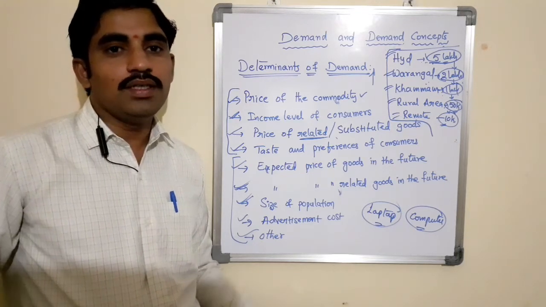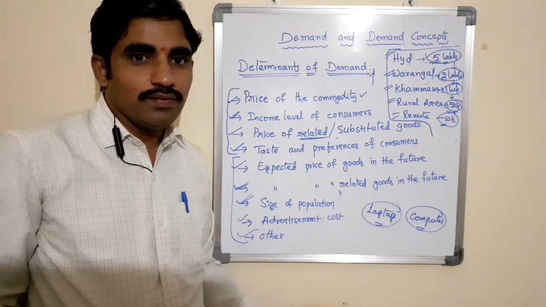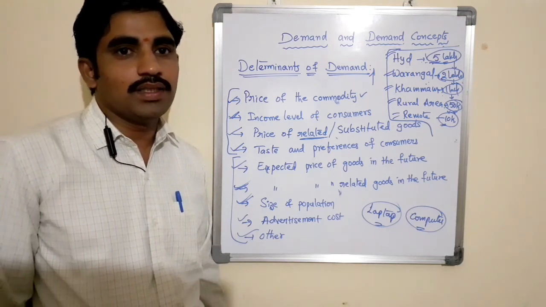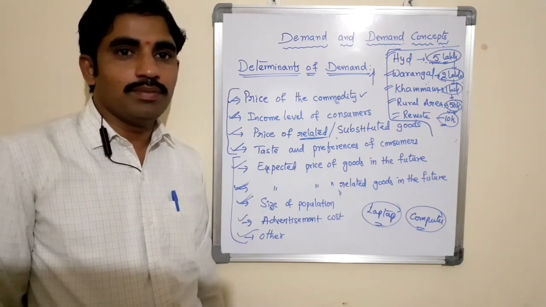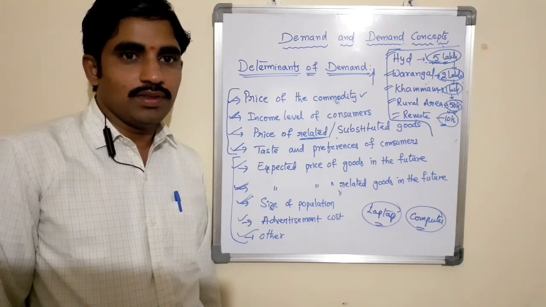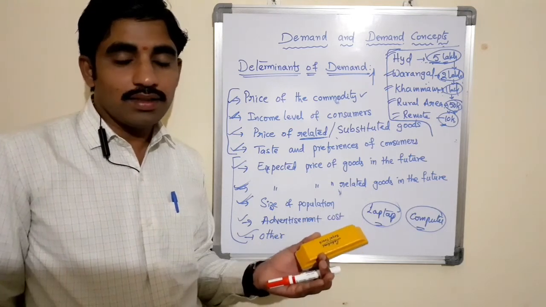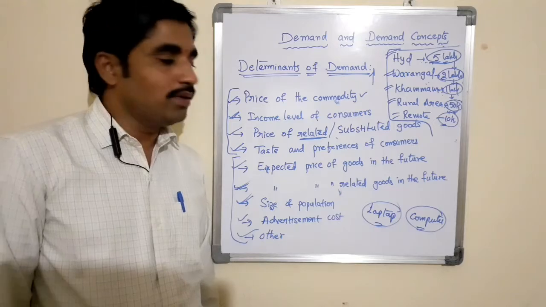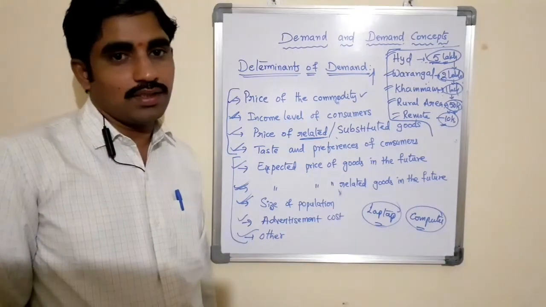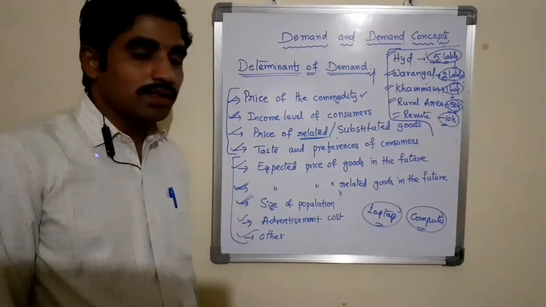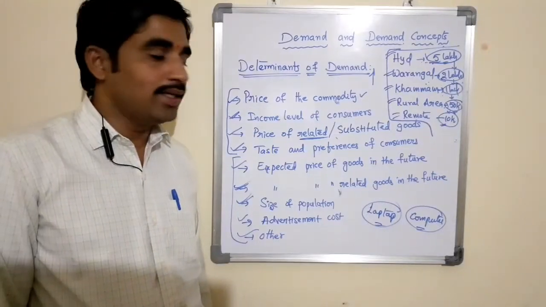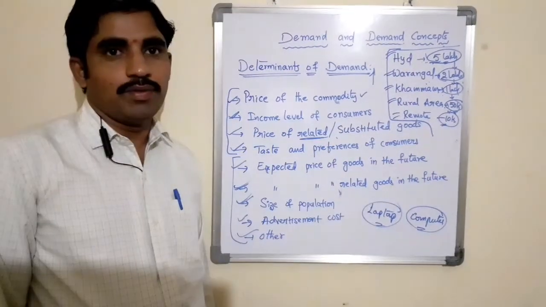If the consumer is wealthy, then automatically there is more demand for the commodities. Means the higher the wealth, the more the quantity demanded of a commodity will increase. There is a positive relationship between wealth and demand for a commodity.